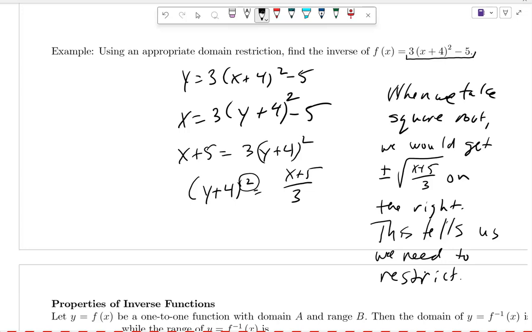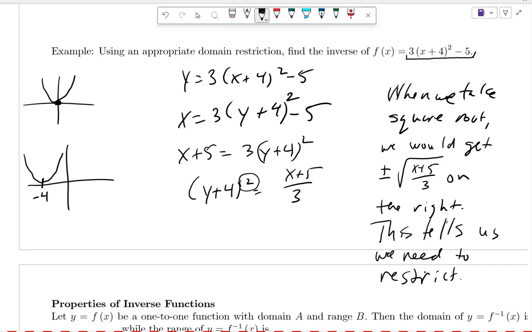Let's think about your graph. Here's the original graph, right? This is where that problem occurred, isn't it? Right at the bottom. Think about when you shift it left 4. Now the bottom is over here. I didn't do up or down or anything. Shifting it left 4, the bottom is here, isn't it?